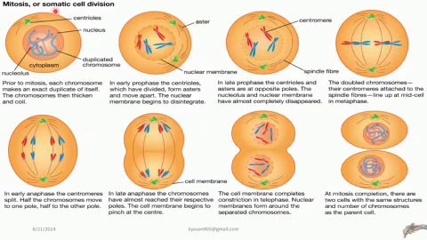The reproductive cells in a man are sperm cells. The reproductive cells in a lady are the egg cells or the ova. In those cells, mitosis doesn't happen. Mitosis only occurs in somatic cells, the other body cells.